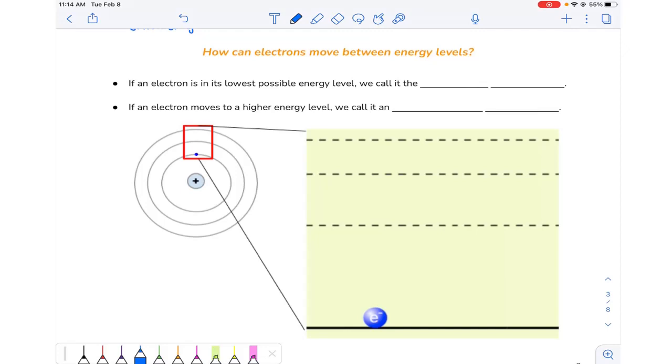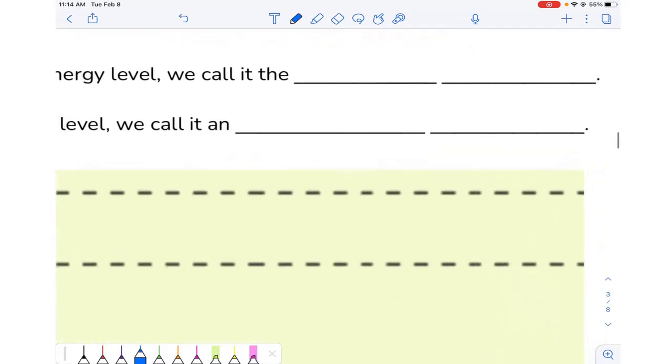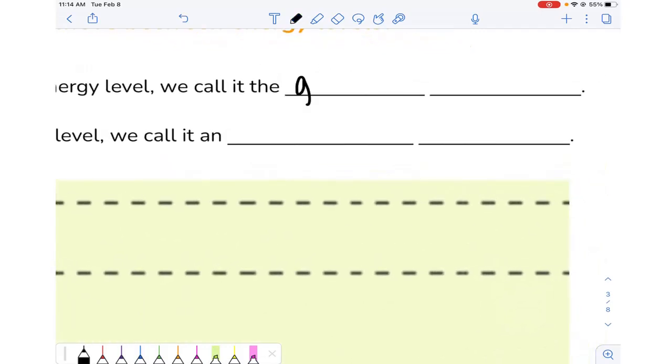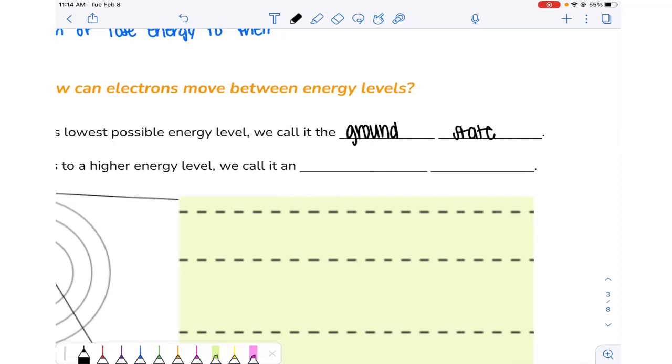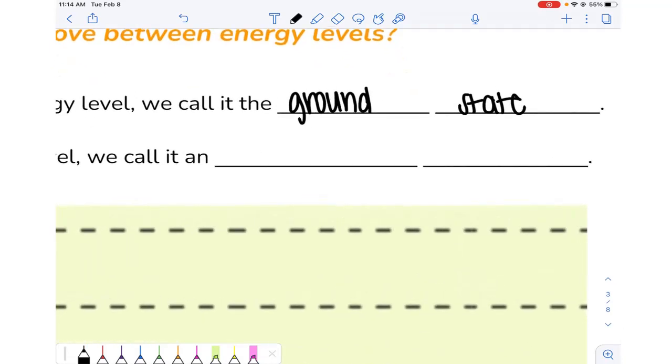Everything in the universe is extremely lazy. It wants to be in its lowest possible energy level. If it is in its lowest possible energy level, we call this the ground state of the electron. If an electron moves to a higher energy level, we call it then an excited state.